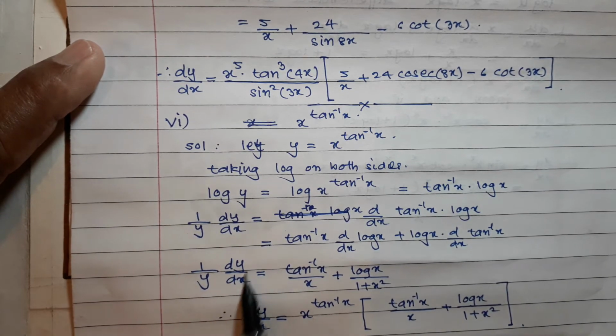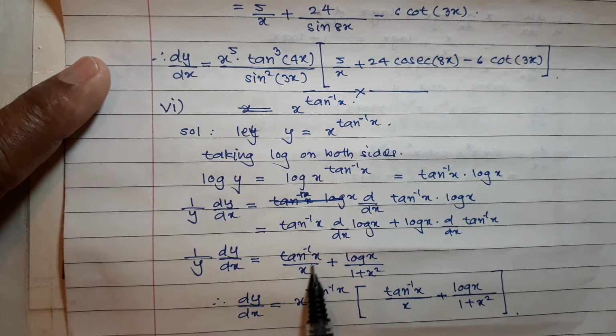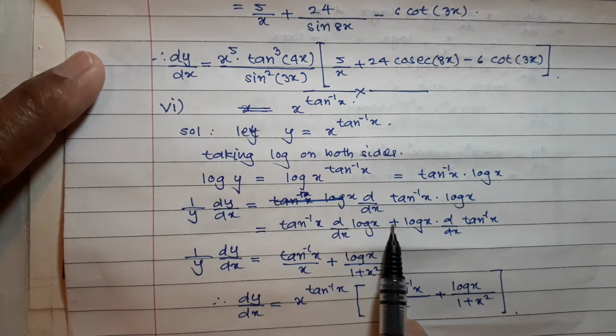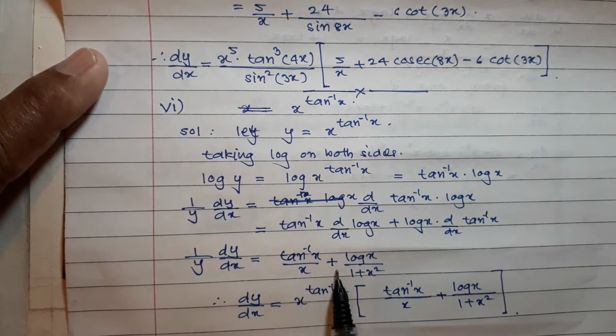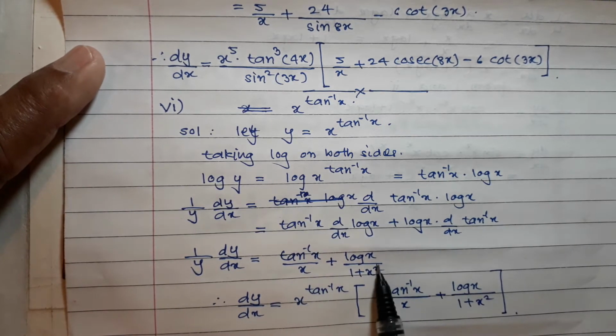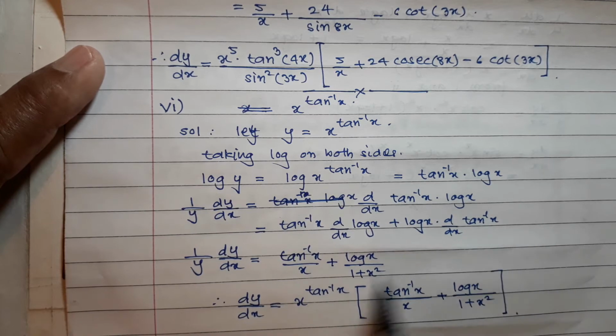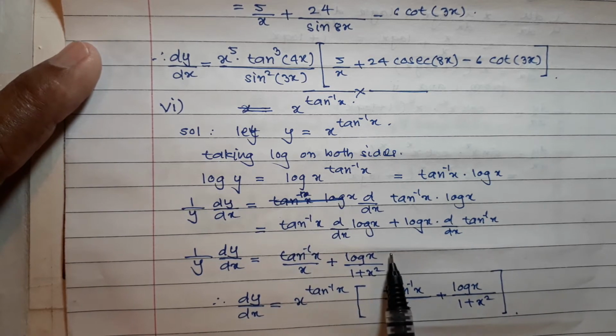Here I use the u into v rule. So 1 upon y dy/dx is equal to tan inverse x, the derivative of log x is 1 upon x, so tan inverse x upon x plus log x, and the derivative of tan inverse x is 1 upon 1 plus x square.